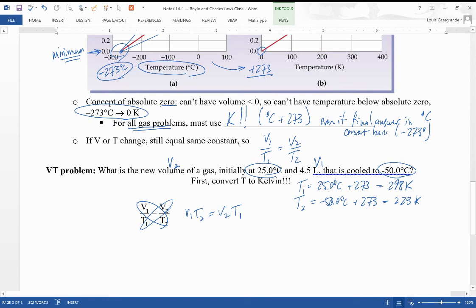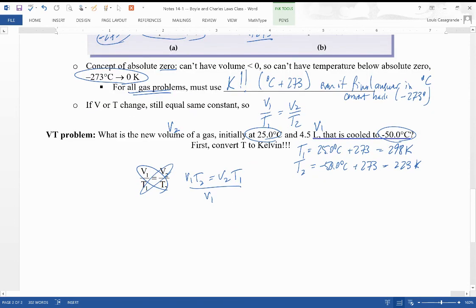Now we divide through by T1 because I want V2. And what that gives me is that V2 is equal to V1 times T2 divided by T1. I guess I'm a little tired today.